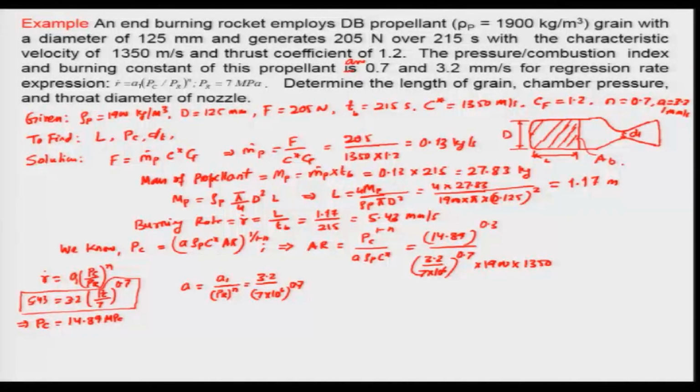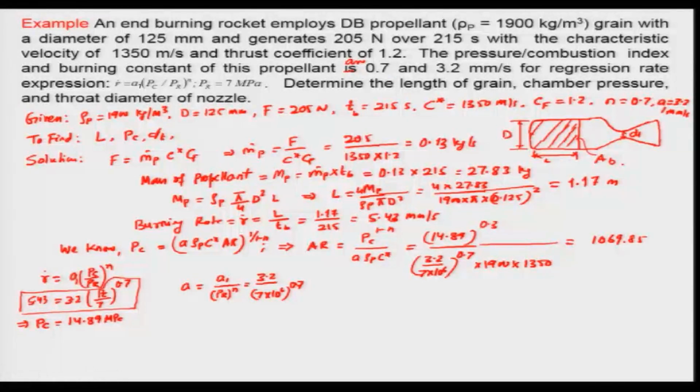So, that you will get this area ratio, if you do this substitution, you will get something like 1069.85, which is very high.